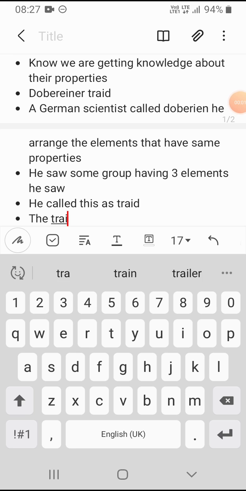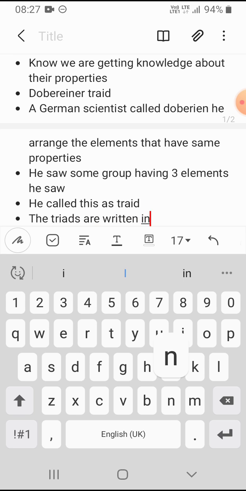They are written in increasing atomic mass.